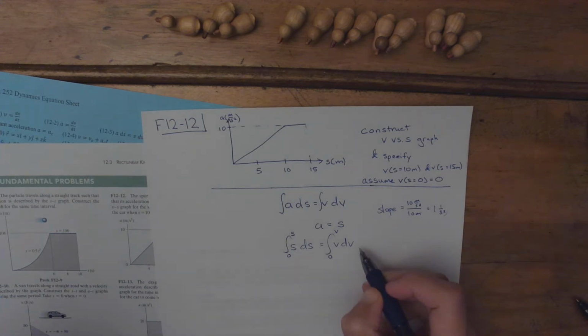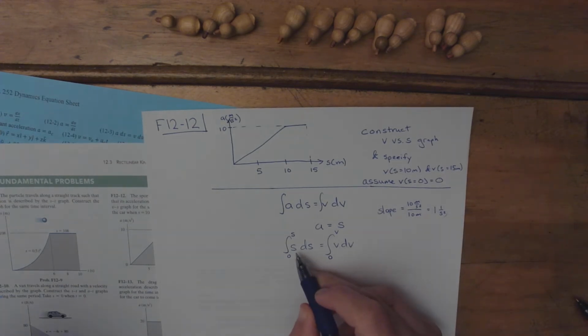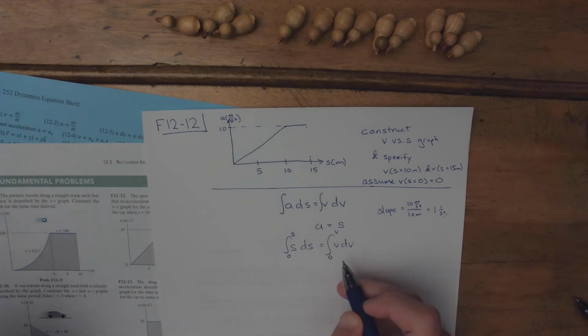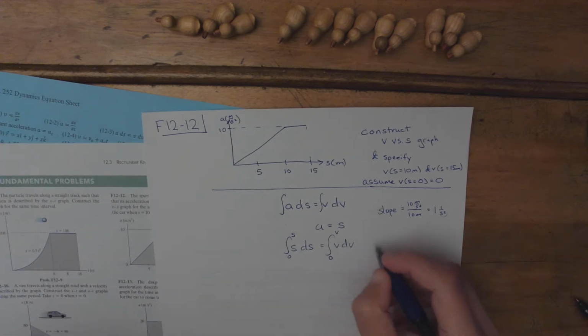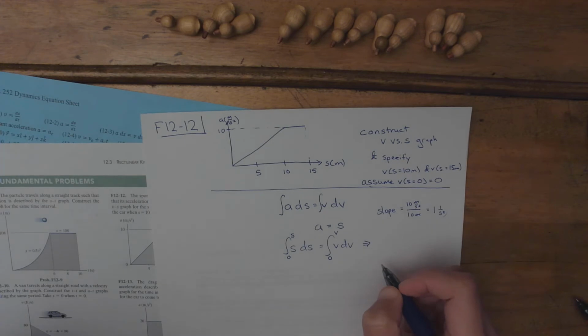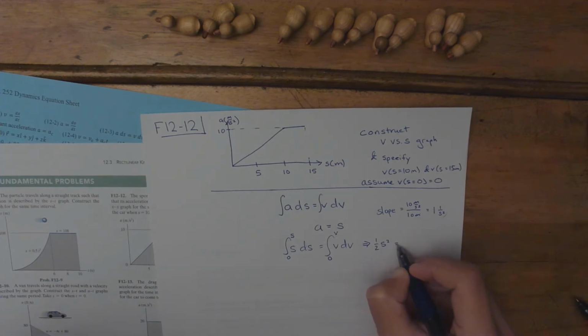We've seen integrals like this earlier, so when you integrate s ds or v dv, you get 1/2 s squared on the left-hand side, and 1/2 v squared on the right-hand side. When you plug in the limits of integration, you're going to get 0 when you plug in the lower limit of integration, so we have 1/2 s squared is equal to 1/2 v squared.